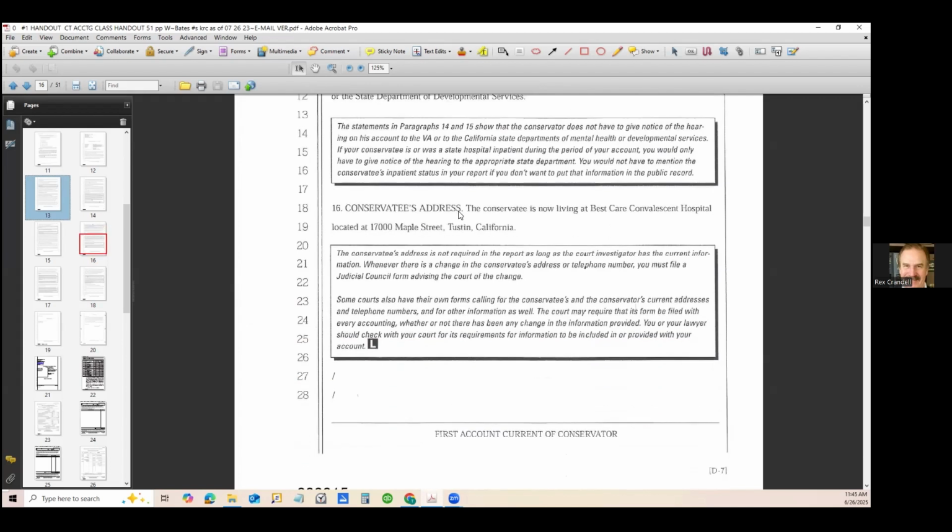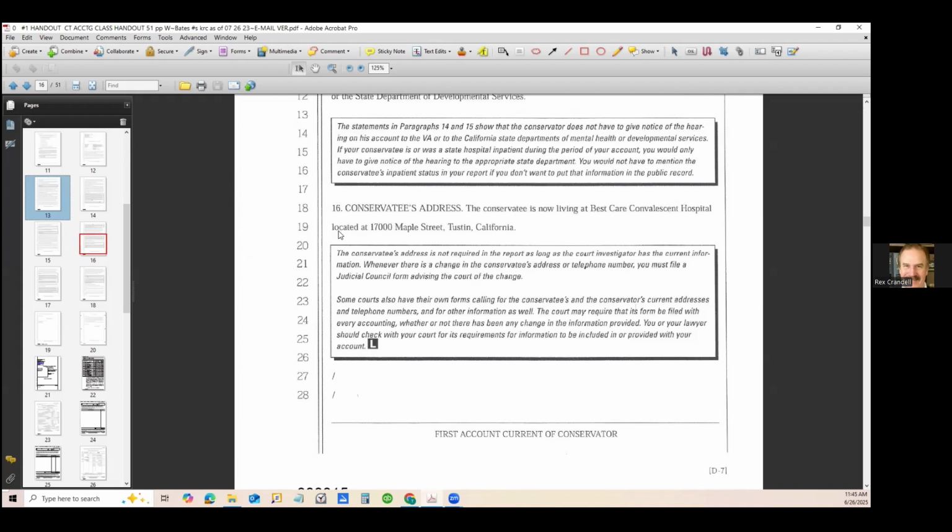Conservatee's address. Typically, depending on things, I don't know that I like to state this. You should be able to state it, but it's public record. If I have an empty house or something like that, I'm a little bit cautious of putting it out there that it's empty. But typically, I may say the name of the hospital, the contact phone number, who is the person at the facility that the court, if they wish to ask, can contact, something like that.